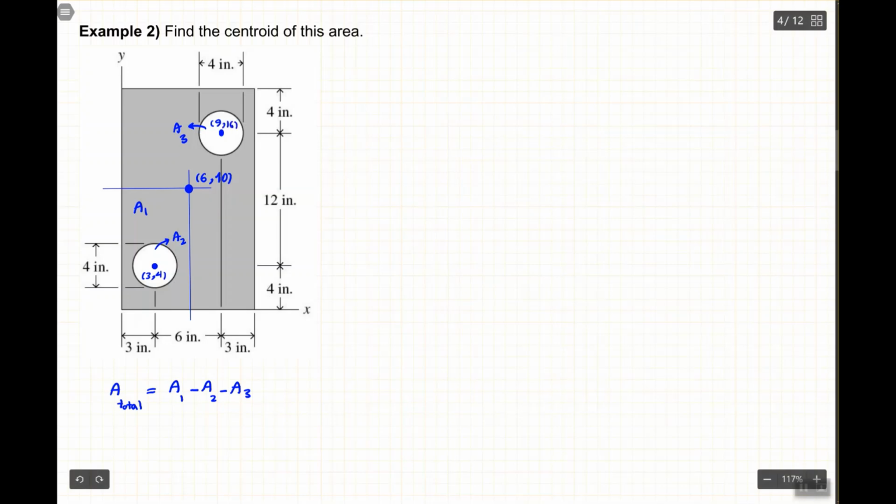All right, so here is all the information that we have. A1 simply is 12 multiplied by 20. A2 and A3 are equal. They are pi multiplied by the radius, which is 2, squared. And what about x bar 1, y bar 1?